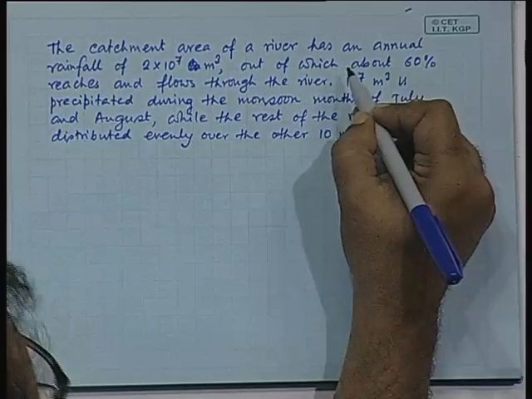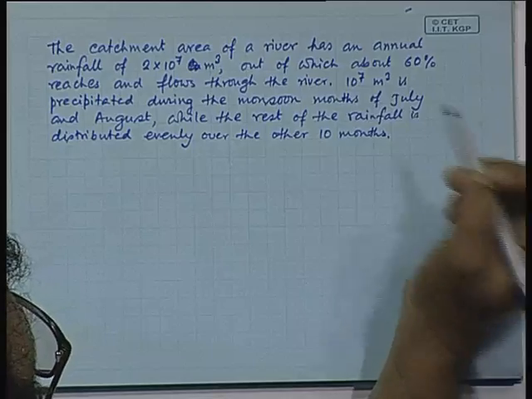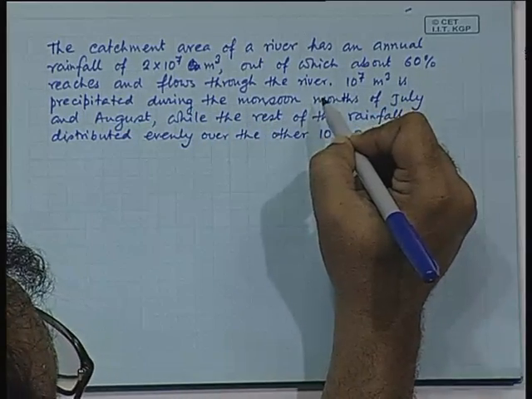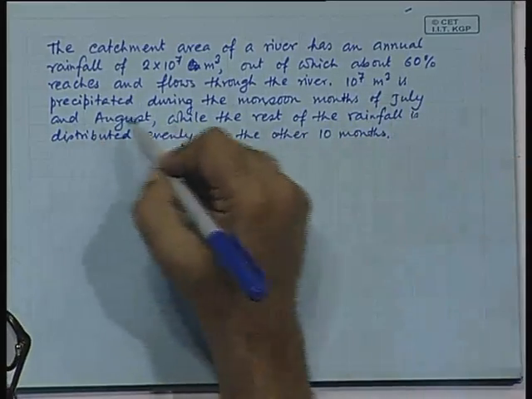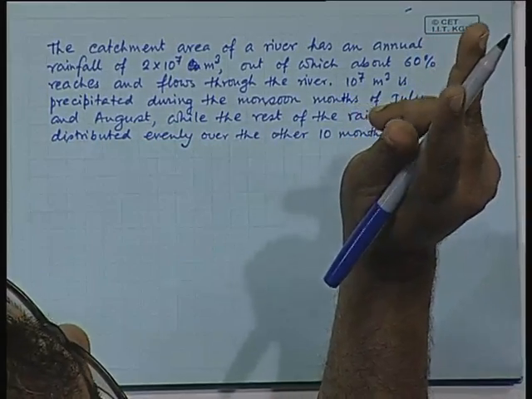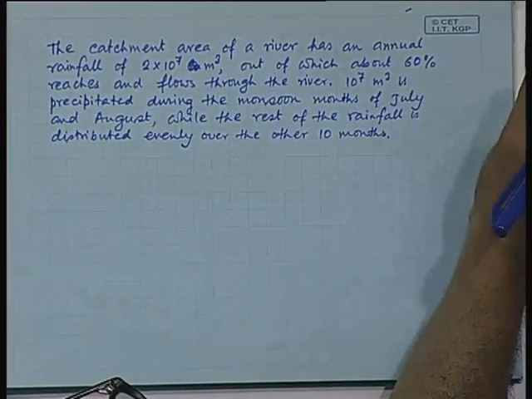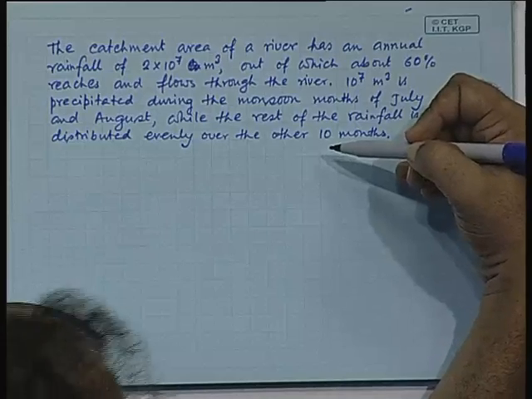Half of it, that means 10 to the power 7 meter cube, is precipitated during the 2 months, and the other half is evenly distributed over the other 10 months. Okay. Though that is not generally true, it is a good approximation.